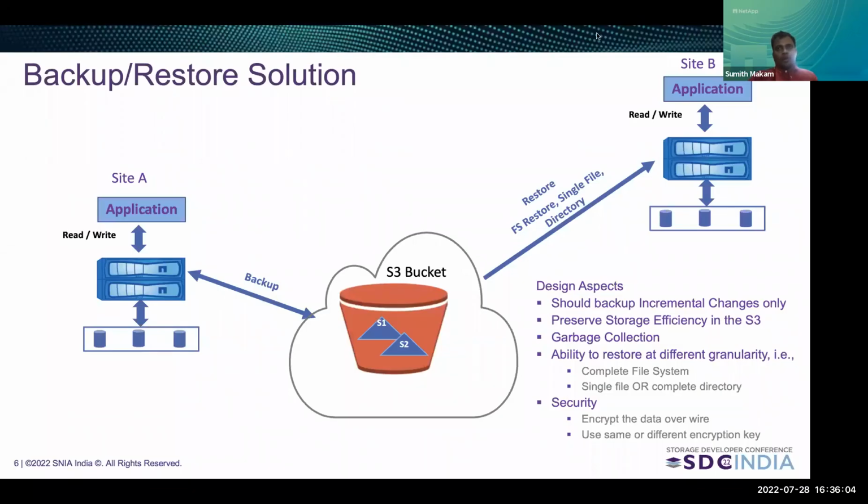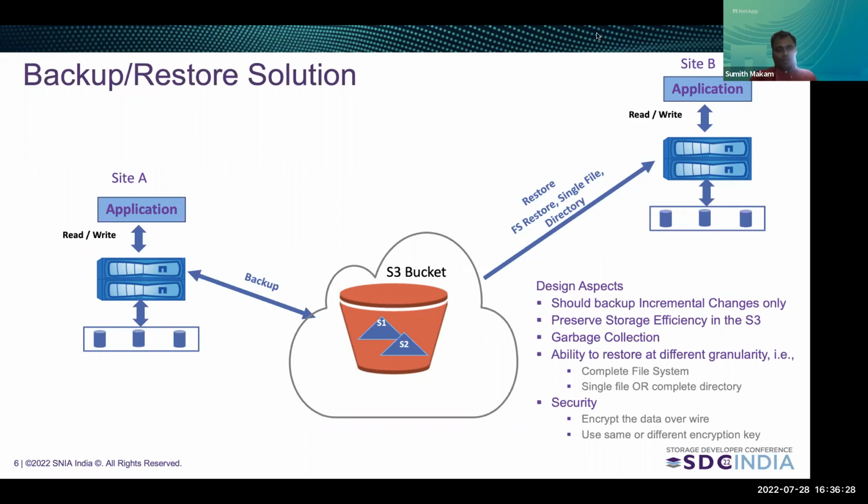Here is the overview of a backup restore solution. A node at site A will be regularly backing up data to the object store. Here, consider there is a node at site A which is regularly taking backups to an S3 bucket. Unlike traditional backup systems, data here need not be backed up to a separate dedicated node. Instead, it can be backed up to an S3 bucket.